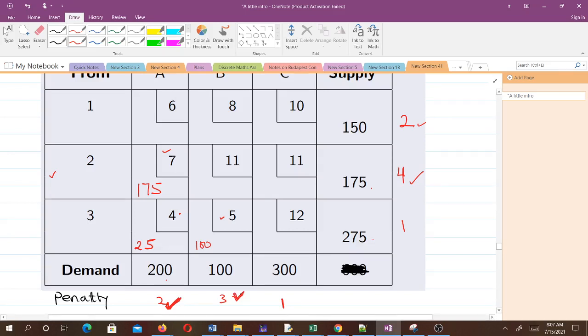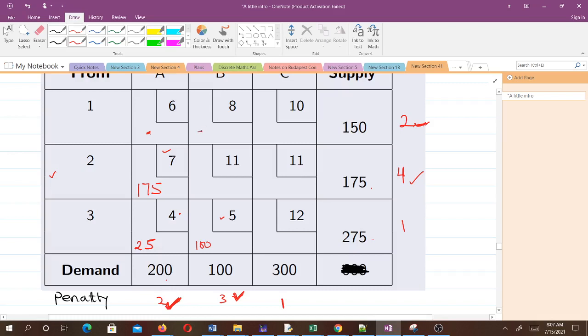Alright, so this is also satisfied. So we ask ourselves, after that we have this, right? This is 2. So when you come here, the supply is 150, and the demand corresponding to that is 300, right? But we can see that the lowest cost here is 6, but we can't put anything here because the demand here has been satisfied.